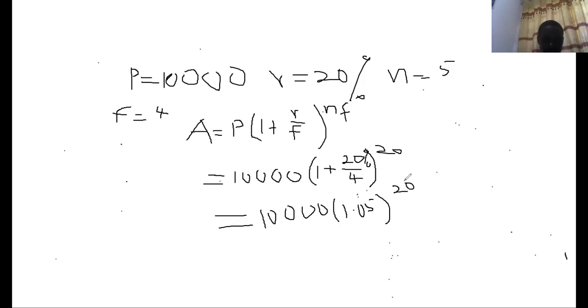So 1.05 raised to 20 will be 2.65. Okay, so times 10,000. That will be 26,000. I'm not sure. 1.05 raised to 20. Okay, so times 10,000, so that will be 26,532.